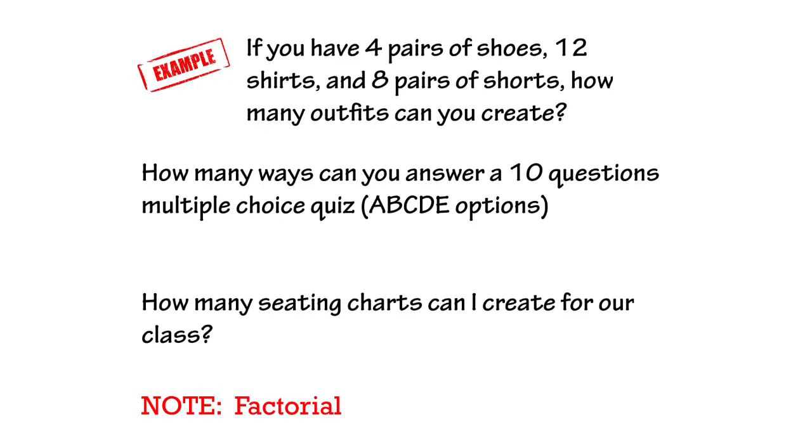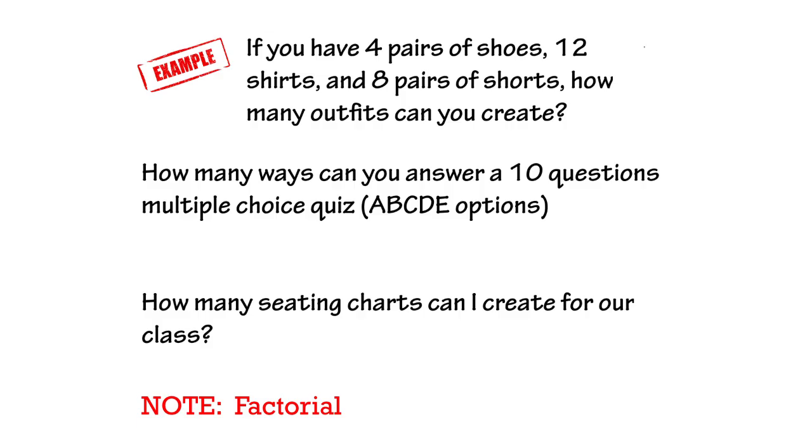The most generic type of problem that you probably have done clear back in middle school is if you have 4 pairs of shoes, 12 shirts, and 8 pairs of shorts, how many different outfits can you create? All you do is that's your M and your N, and I actually have a third option going on.